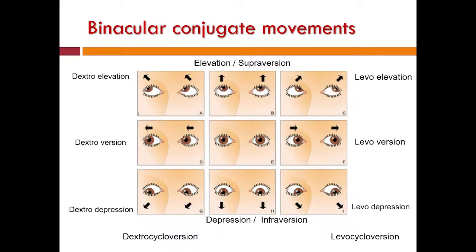When we want to test a single eye, we test ductions: adduction, abduction, elevation and depression. You should know how to test uniocular and binocular movements, how to document them, and how to find out which muscle is affected, why a particular movement is not happening, or which muscle is overacting or underacting, by knowing which muscle is responsible for that movement.